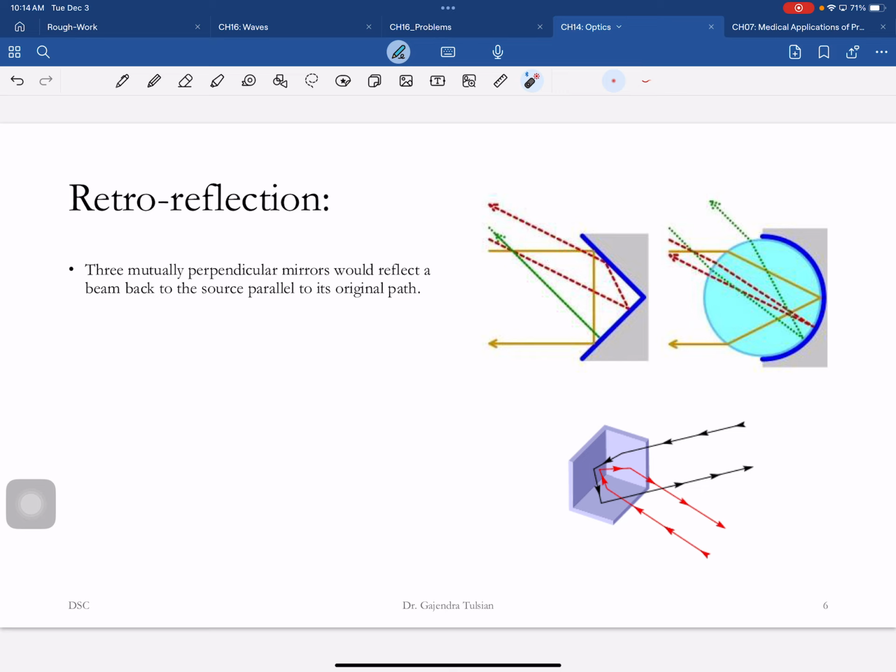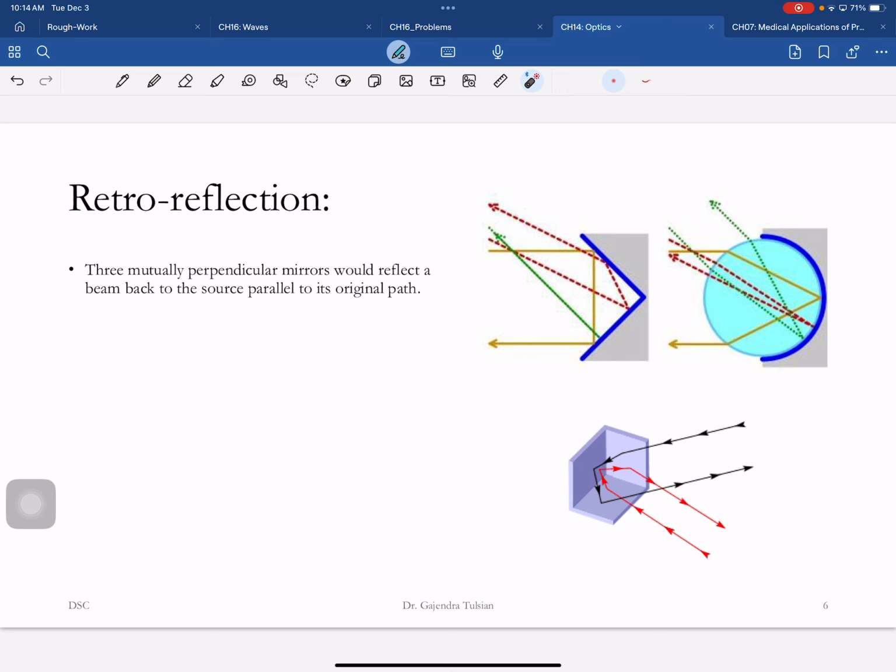So here's the deal. If those corners were mirrors, I can hit this with a laser and that laser would come right back at me. That's a retroreflector.